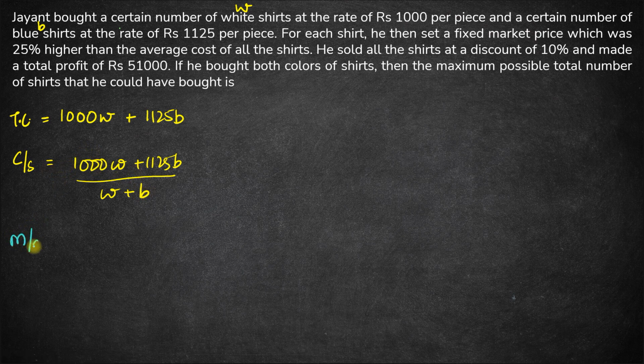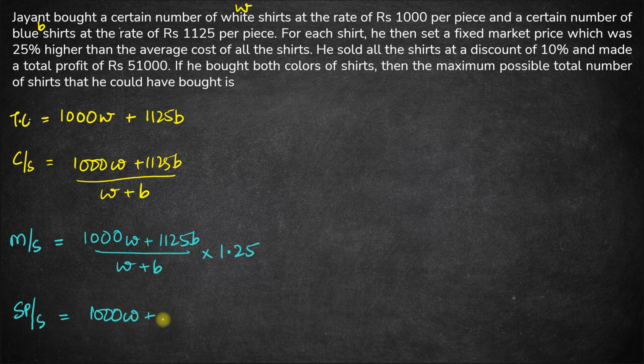Now what is the mark price per shirt? The mark price is 25% higher than the average cost. So mark price will be 25% more than this: (1000 W plus 1125 B) upon (W plus B) into 1.25.